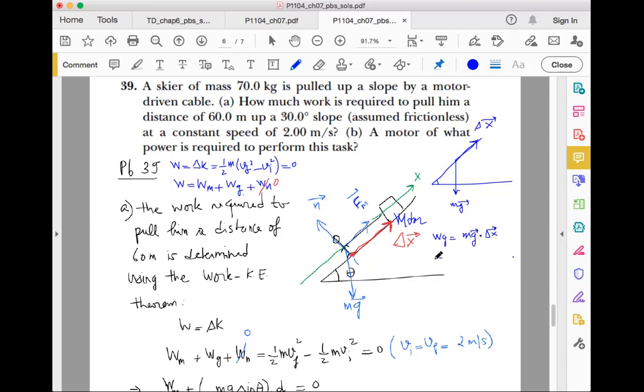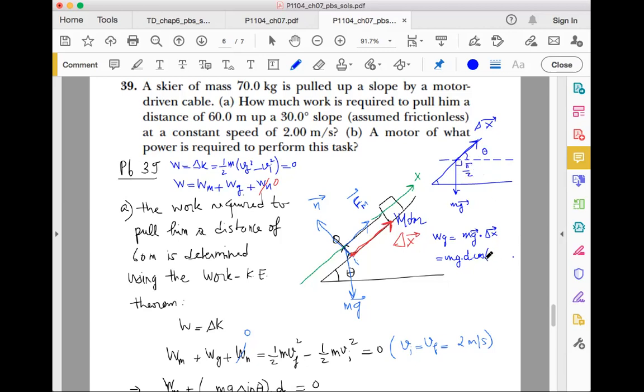Now, that is given by m times g times the displacement, let's call it a distance d, times the cosine of the angle between the two. So what is the angle between mg and delta x? Have a look. If I draw here a horizontal line, you would see that this angle theta is the same as the angle theta in the inclined plane. And you have here an angle pi over 2.